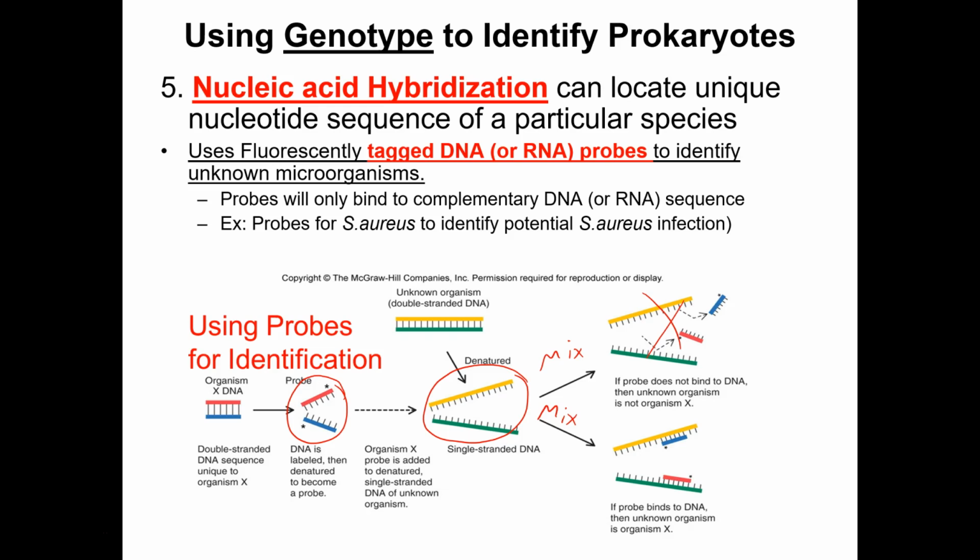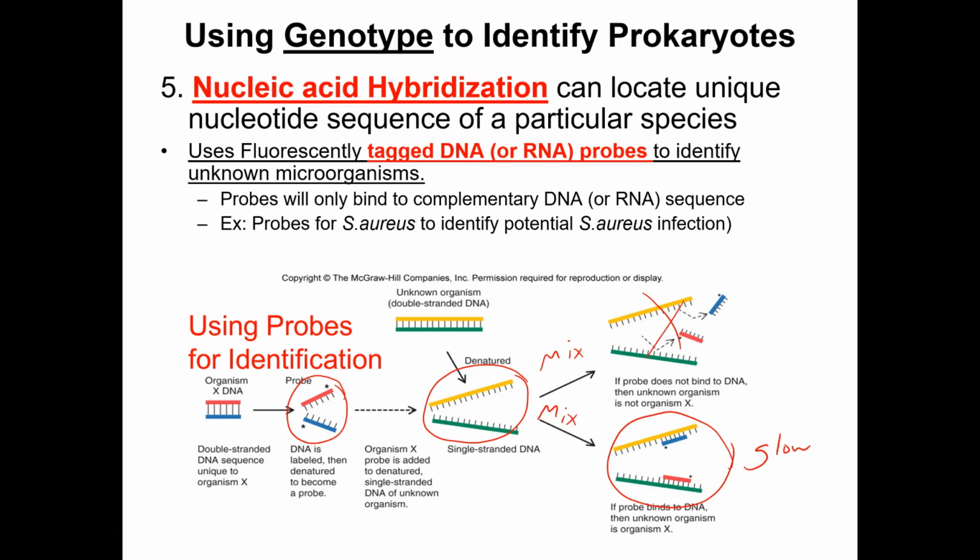But on the other hand, if the probes do bind, that tells you have identified your unknown organism. And you would do this in a whole bunch of different test tubes, and you would look to see if any of them glowed under fluorescent light. So this one, for instance, would glow under UV light.